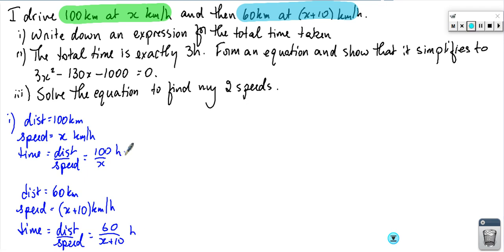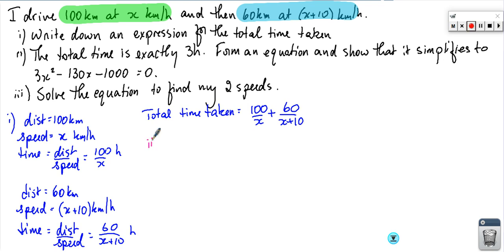These are all hours, okay? So the total time taken is 100 on x plus 60 on x plus 10. As you can see, we have started forming our algebraic fraction. That's part 1 of the question.